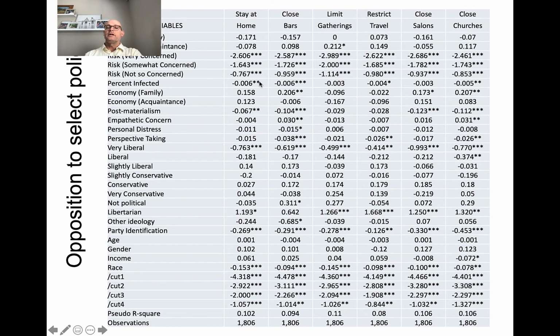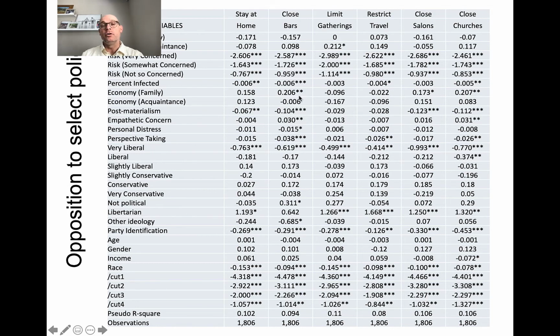When we look at the percent, how many people they guessed were infected in their area, that also affected whether they opposed some of these, like restricting travel, closing churches, closing bars, and stay at home. We also asked whether they had a close family member or an acquaintance who had suffered economic losses due to the closings.